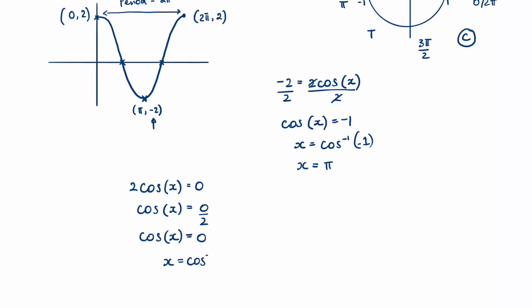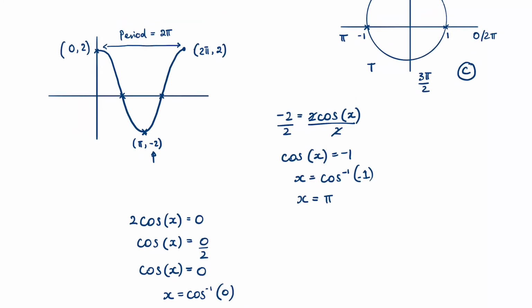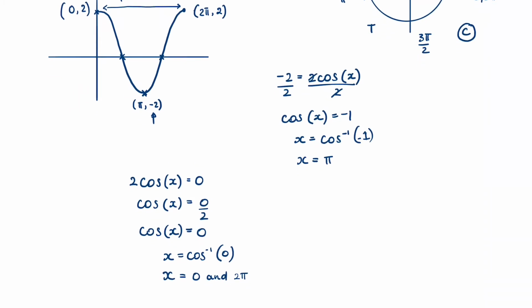So the inverse of cos of 0 will be pi on 2 and 3 pi on 2.